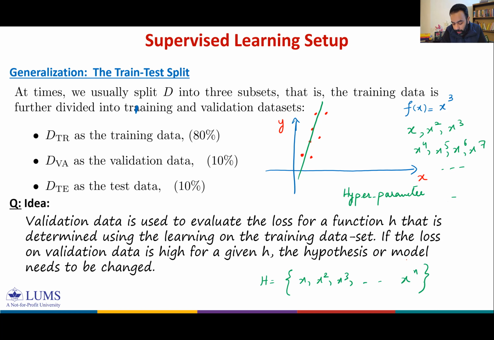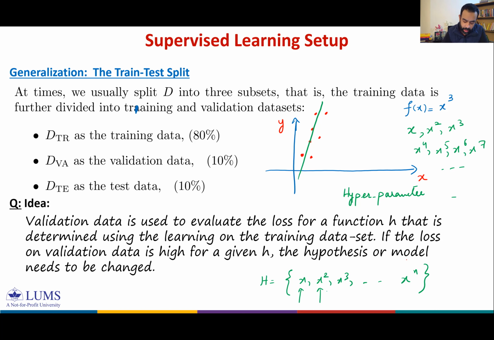So one option is कि आप start x से करें और उसको टेस्ट करें, x square फिर उसको टेस्ट करें. So to incorporate कि आप hyperparameter की tuning को learning का हिस्सा बना दें, we use validation data. We use validation data to learn the hyperparameter.